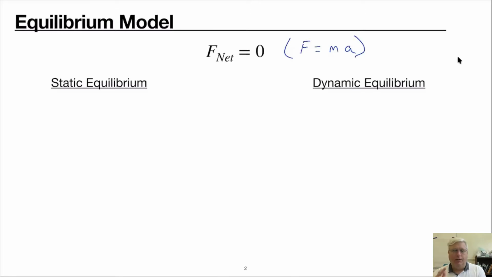There was one where we were at rest and one where we were moving at a constant velocity. When we're at rest, we call this static equilibrium. And when we're moving at a constant velocity, we call this dynamic equilibrium.